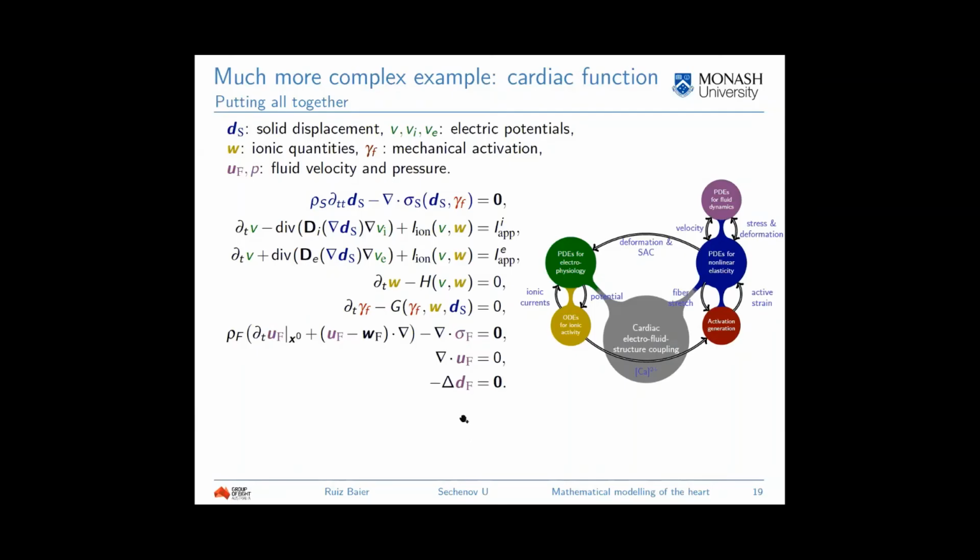We have, in the case of the modeling of the cardiac function, a very complicated set of equations, because you have many systems that interact together to eventually get the muscle to pump blood out of the ventricle. And even a simplification of that is already a big set of partial differential equations, as the one we can see here.